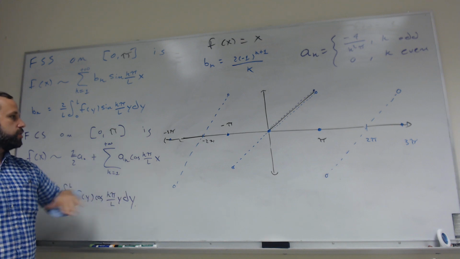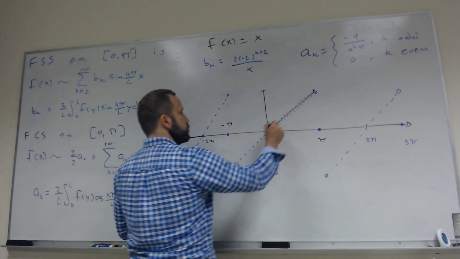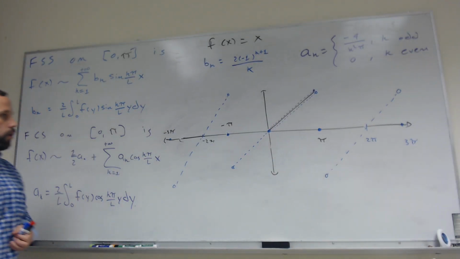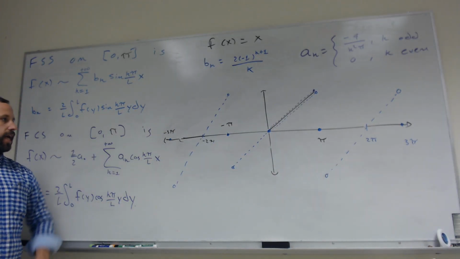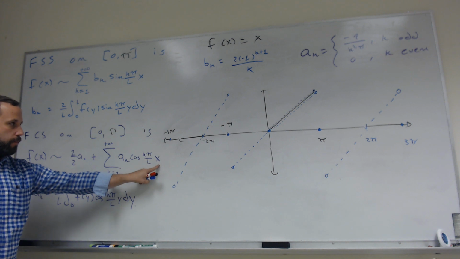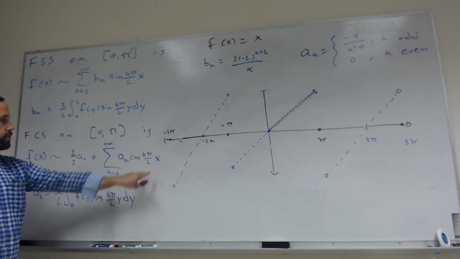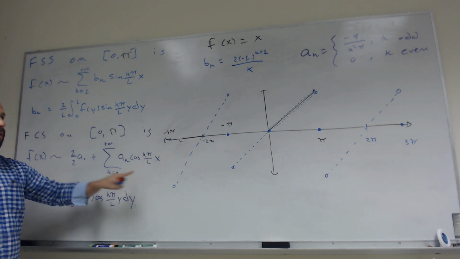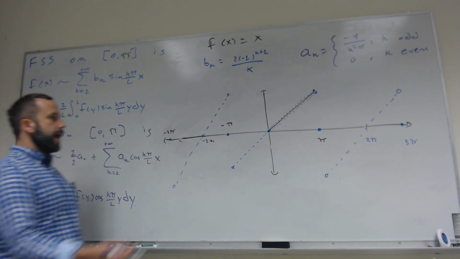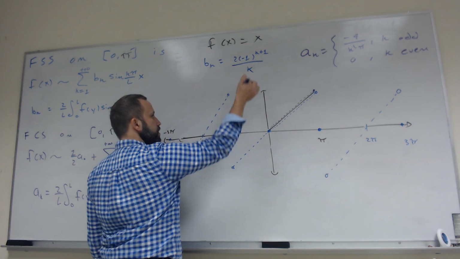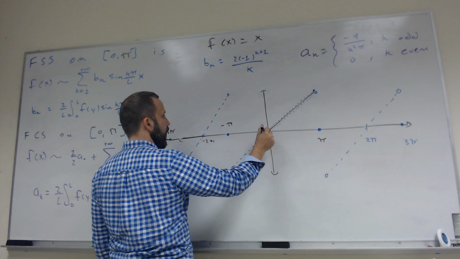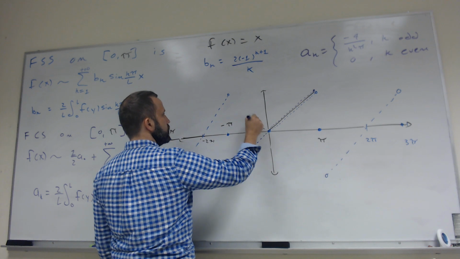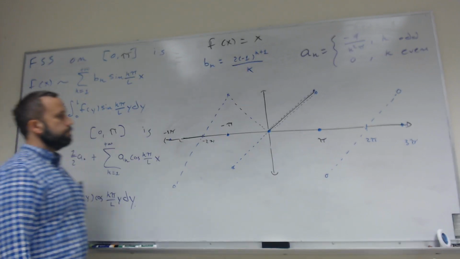If I know what the graph looks like from 0 to pi, what does it look like if I plug in a number from minus pi to 0? Since the cosine functions are even, whatever I get has to be even. So it's just going to be the even reflection, in other words, reflecting across the y-axis, and we're going to get something like this.